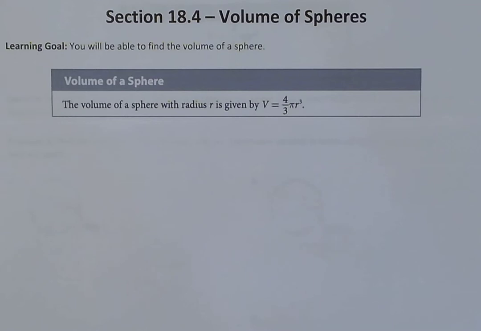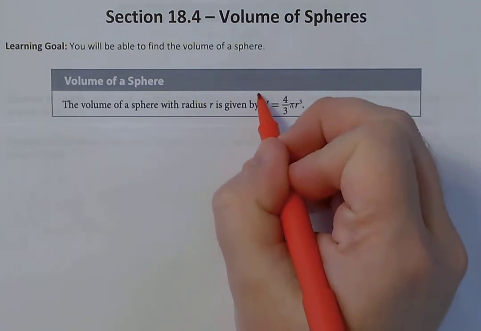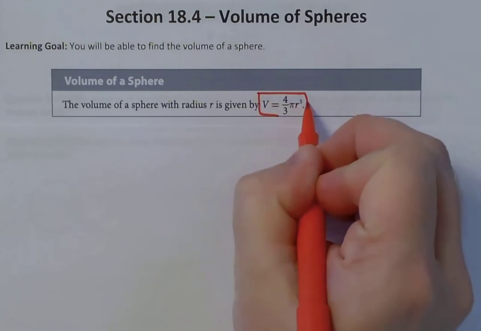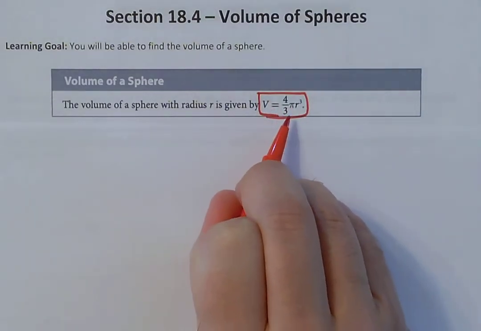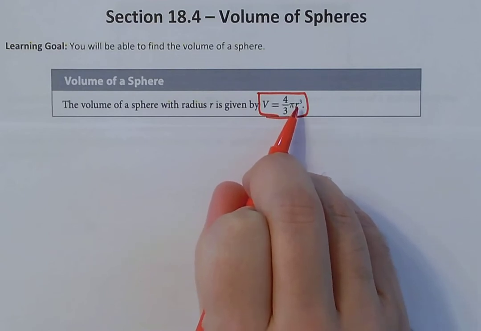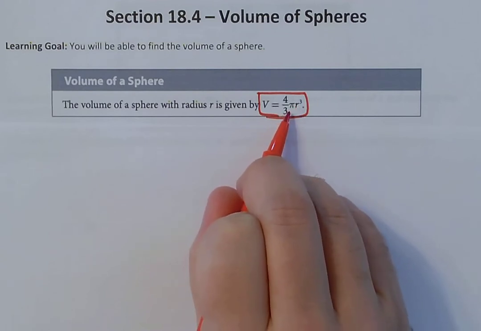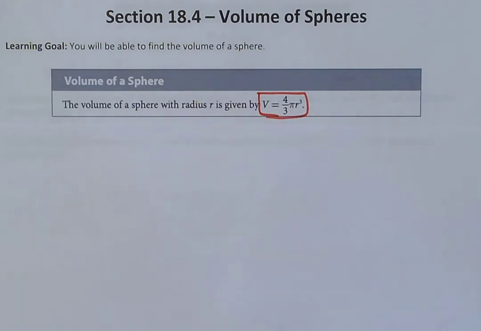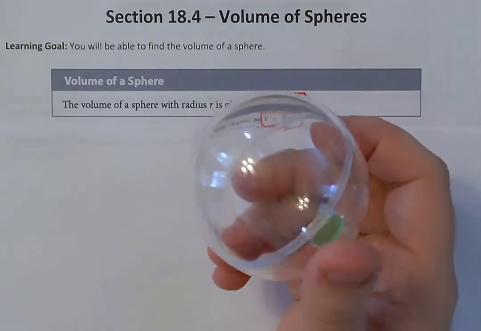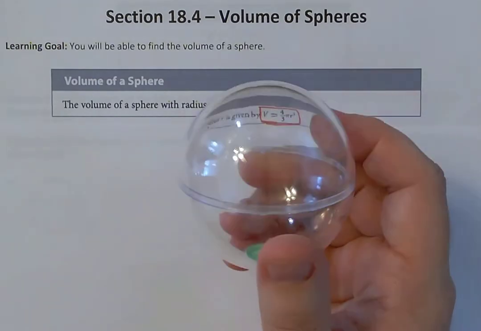Now to find the volume of a sphere, we are going to want to use the following formula. V equals 4/3 pi r cubed. So we're going to do 4/3 times pi times the radius cubed. That means for every sphere, what we need to look for is to figure out what the radius is.